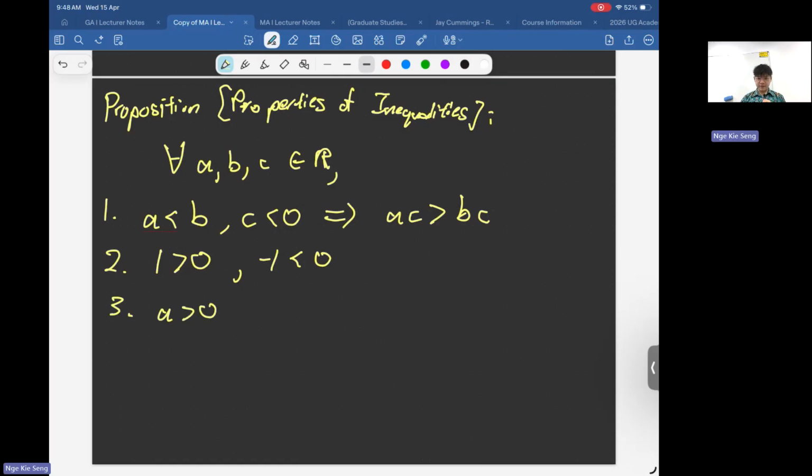If A is greater than 0, then 1 over A is less than 0, right? Oh, sorry, still greater. If 2 is greater than 0, 1 over 2 is still greater than 0.